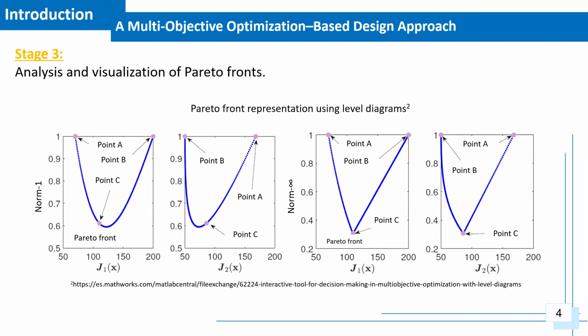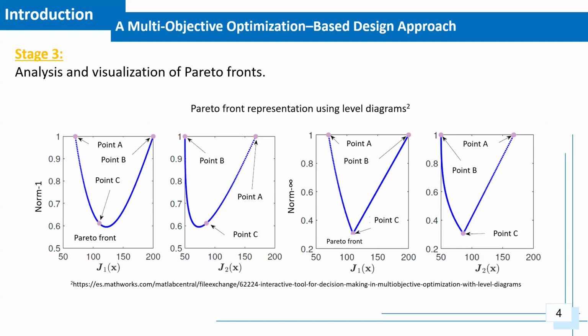To analyze and visualize the solutions on the Pareto fronts, the multidimensional fronts visualization tool known as level diagram was used. This tool is available at the URL shown on this slide.